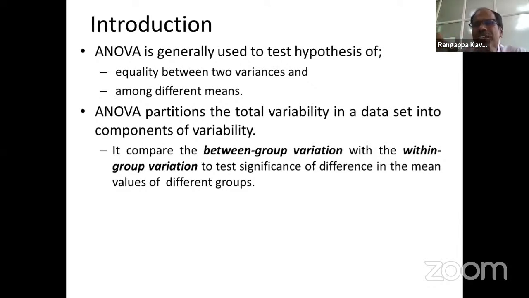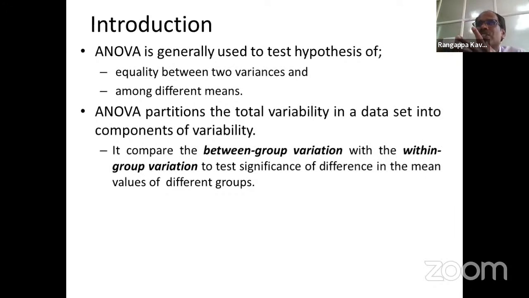Is there any significant difference in the average value of a variable between three or more groups, or a difference in the variance? Even for two groups you can use ANOVA, and even in regression analysis, while testing the overall goodness of fit of a regression function, we use ANOVA.